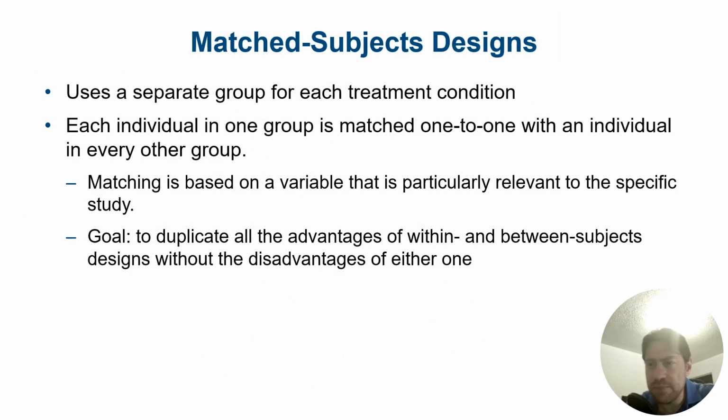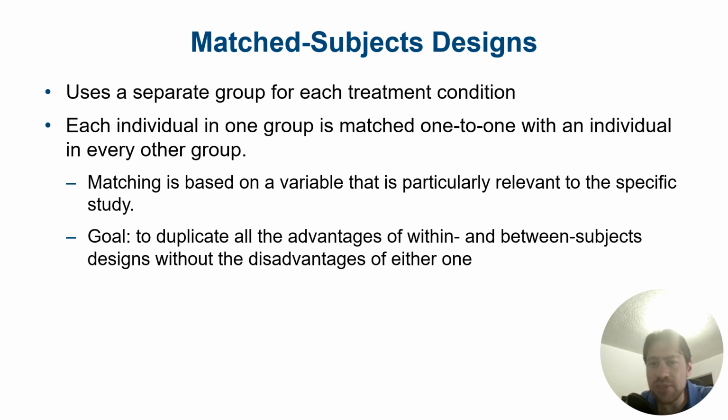And finally, we'll briefly mention another approach that seeks to have the best of both worlds. The advantages of within and between subject designs while minimizing the disadvantages of both. And this audacious approach is called the matched subject design.